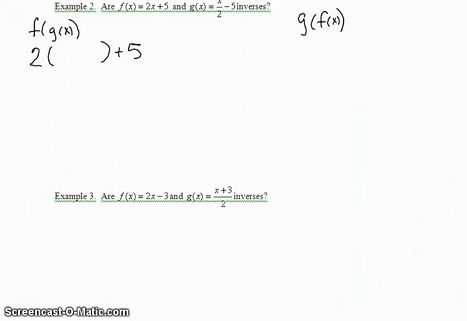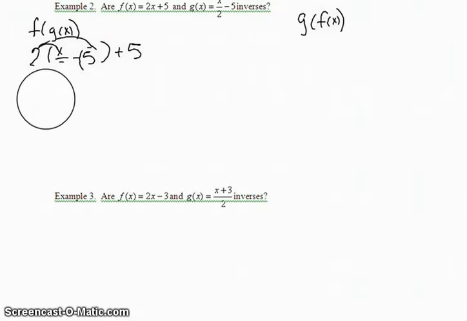Drop in x over 2 minus 5. Kind of looks like it, but there's a little trick here. Since the 5 is not divided by 2, I actually need to use the distributive property. So I'm going to have 2x divided by 2 minus 5. Oops, excuse me, made a mistake there.